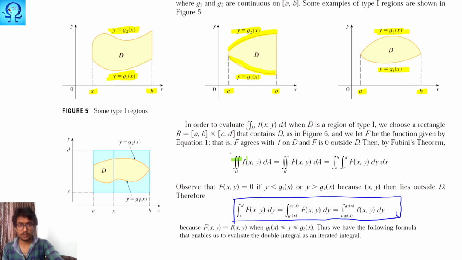If you see, this is what we have. The integral over the region D is the same as the integral of big F over R. Whenever we talk about the integral over R, we have c to d with respect to y and a to b with respect to x.